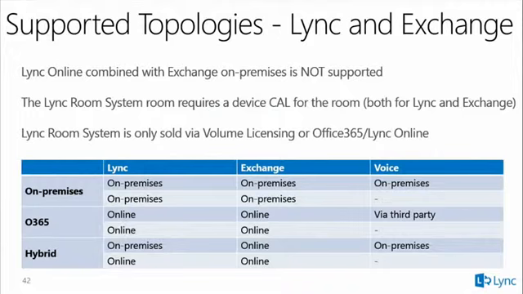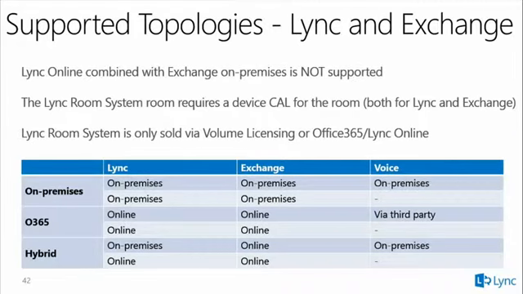When we talk about what topologies are supported, this is very similar to what topologies are supported for other Lync clients, but with everything on-prem, everything works. And as we say, voice is on-prem only. With Office 365, everything online works fine, but there's that via third party. That is, you need a secondary system that connects your system for enterprise voice in some O365 plans.